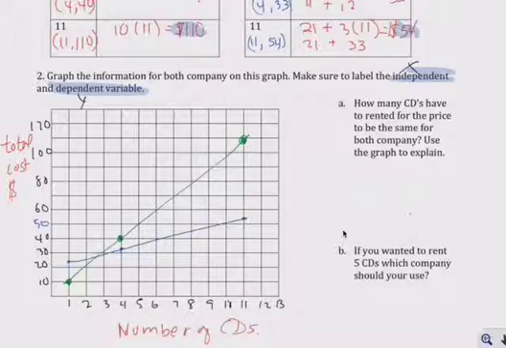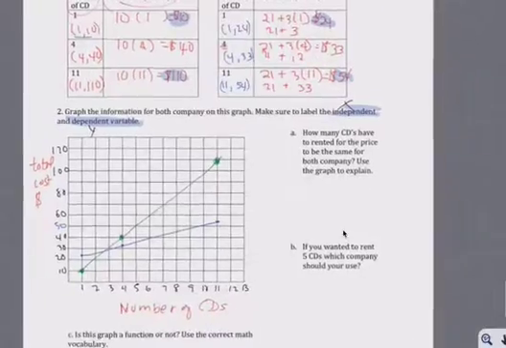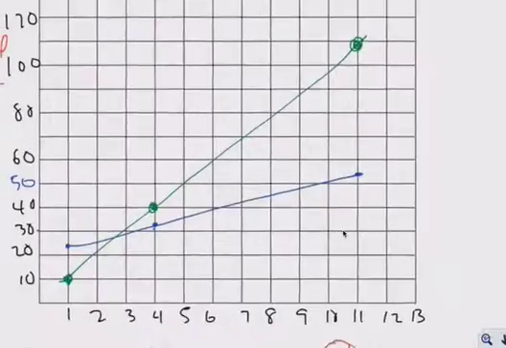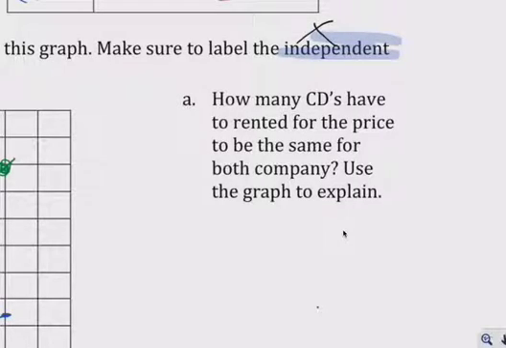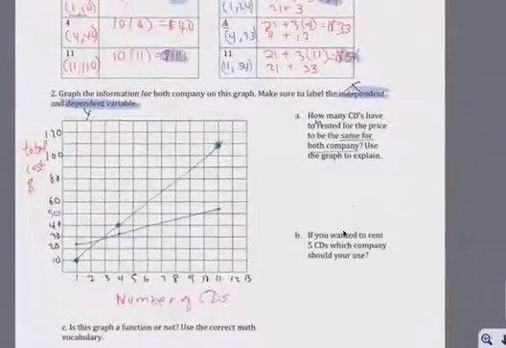So most of you, if you did this, this is close to 3 CDs. You can't buy half of a CD. So most of you, about how many CDs have to be rented for the price to be the same for both companies? Use the graph to explain.